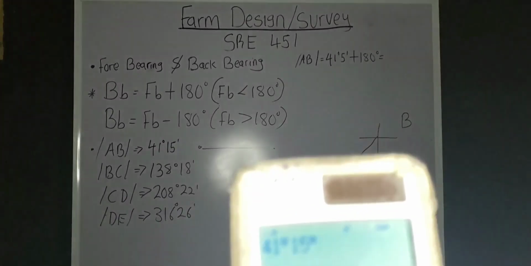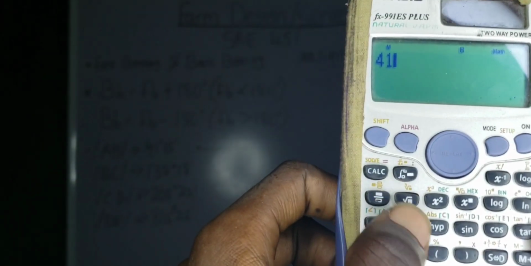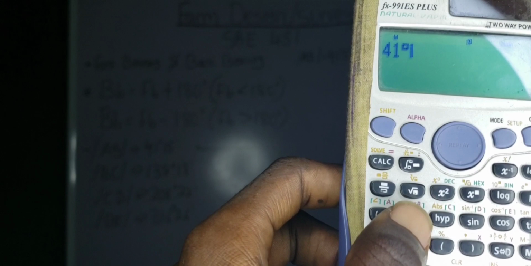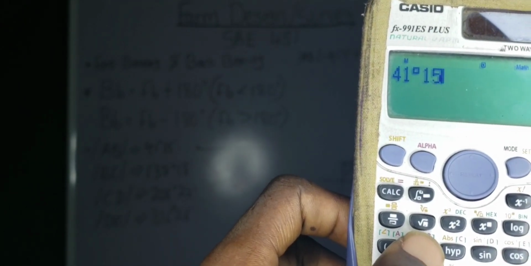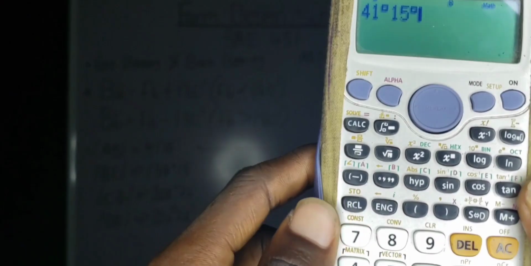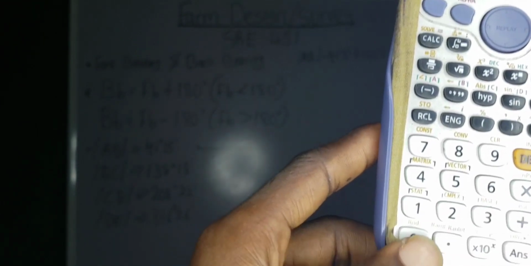Look at this calculator. We want to punch 41 degrees and 15 minutes plus 180 degrees. So just press 41, degree, 15. Don't put any space or any sign. 15 minutes, plus 180.